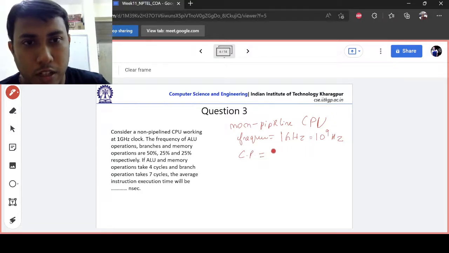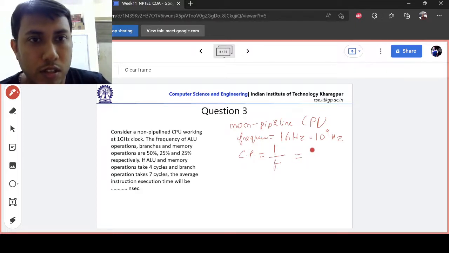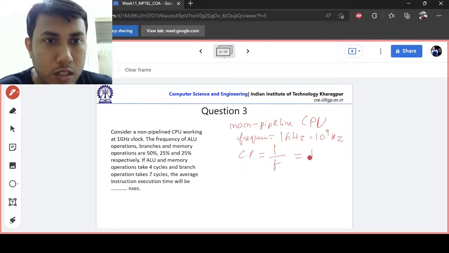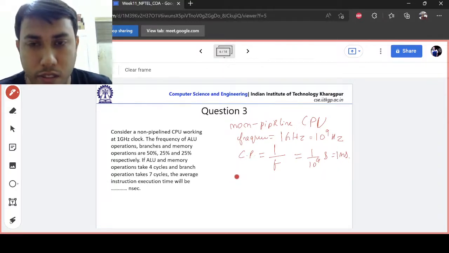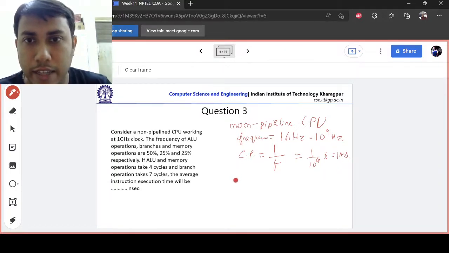The time is 1 by frequency, that is 1 by 10 to the power 9 seconds, that is 1 nanosecond. Right, now it is given, what will be the average instruction time.